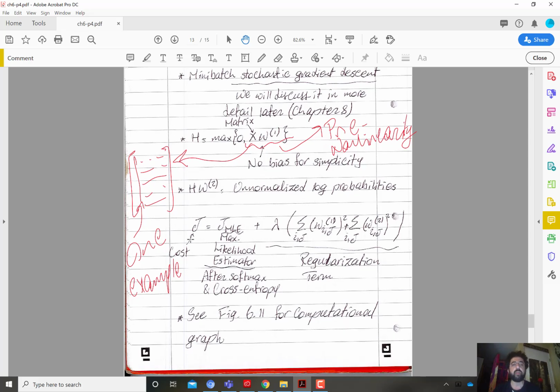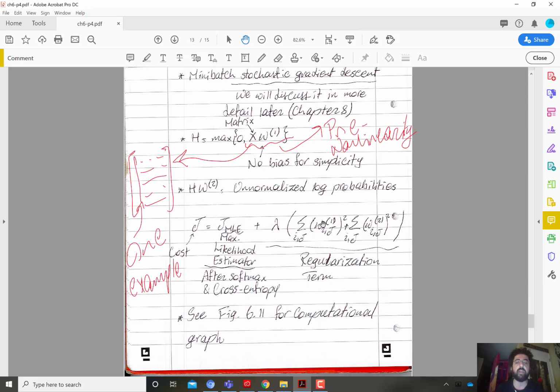And then you apply the cost, J, and the cost is divided into a maximum likelihood term, which is the cross entropy cost after applying softmax, and then a regularization term with the regularization coefficient. The regularizer here is what we call an L2 regularizer.